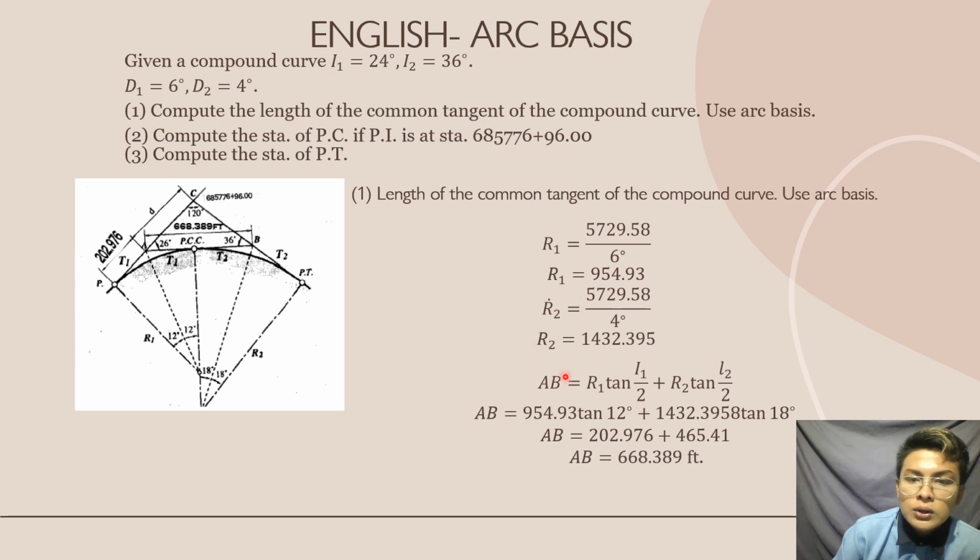Then the second radius of the curve is 1432.395. Using the formula, AB is equal to R1 tangent I1 divided by 2 plus R2 tangent I2 divided by 2. Here we get AB is equal to 668.389 feet.